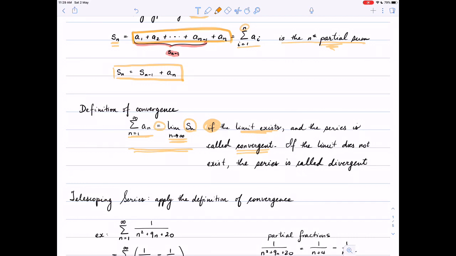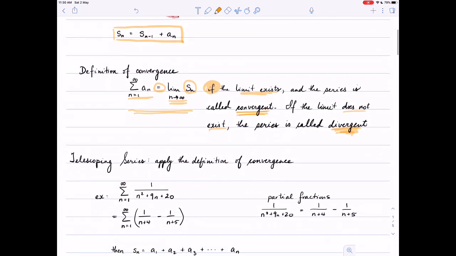We say that they are equal. If the limit does not exist, however, the series is called divergent. And those are the same two terms, convergent and divergent, that we have used subsequently for improper integrals as well.